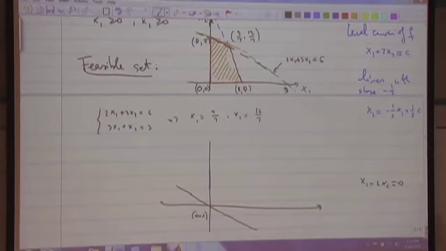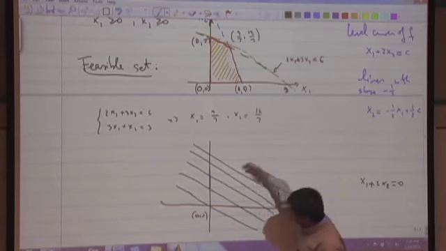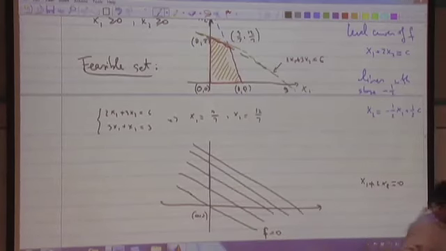So this is where f is 0. Now, as I said, the other level curves, which are all lines parallel to themselves, are going to be either this way or that way, or the opposite way.